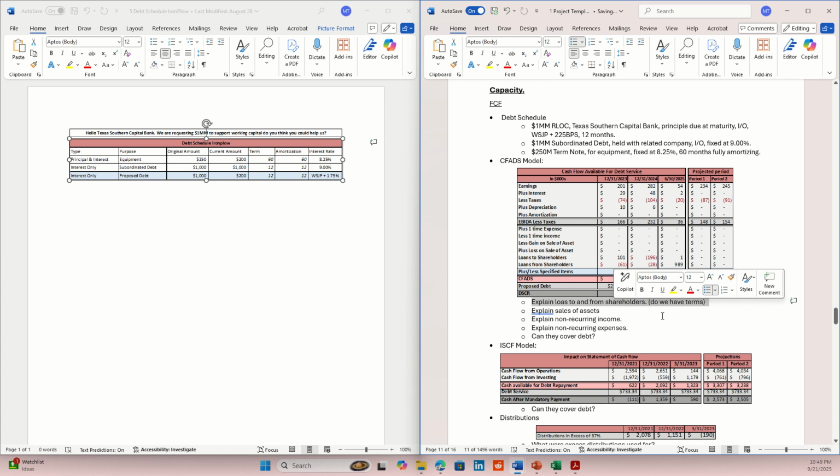Explain loans from their shareholders. Do we have terms? Right. So remember, I already explained the loan from the shareholder up here, but I'll explain it again because down here it's asking for something different.